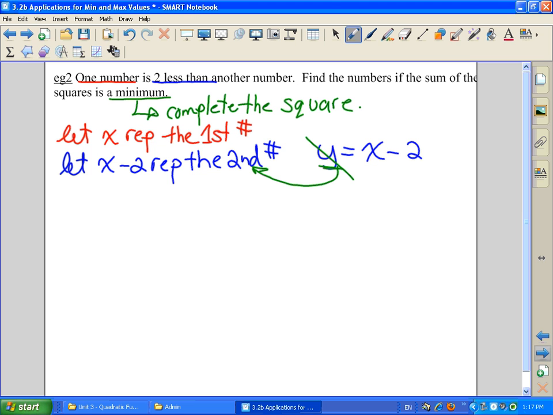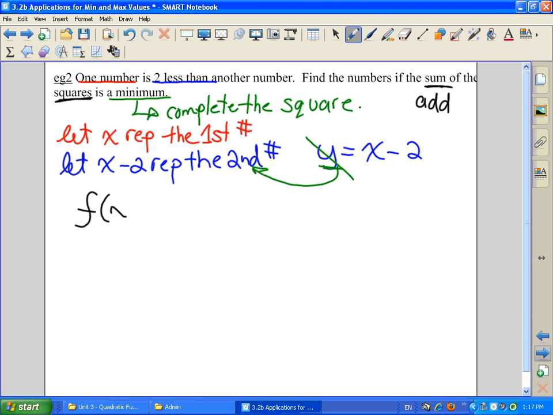All right. Now it says find the numbers if the sum, what does sum mean to do, guys? Add. And you got to add the sum of the squares. Okay? So what we're going to do, ladies and gentlemen, is we are going to start with a function.